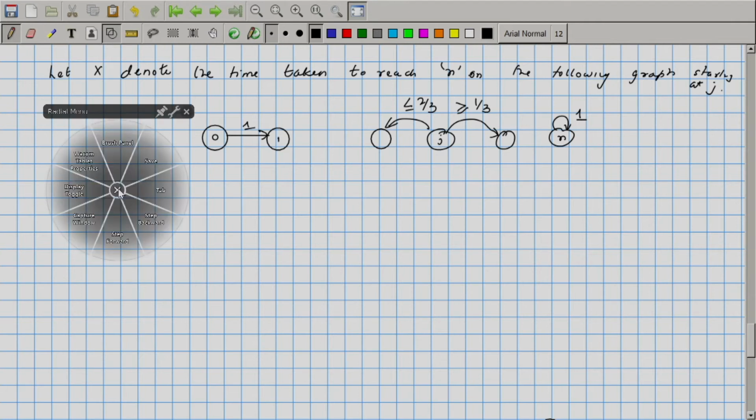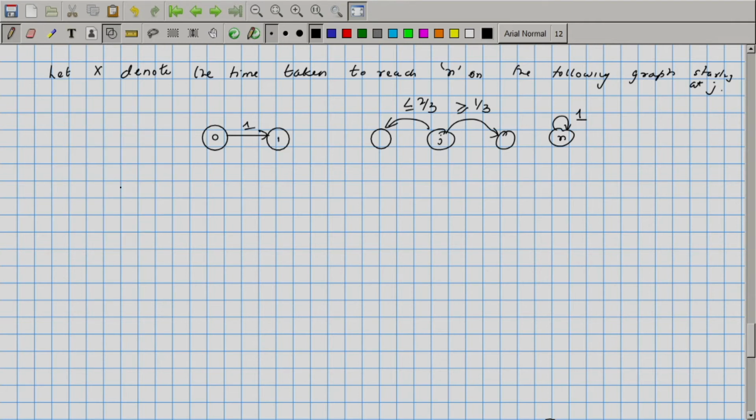So, we can say that x n is equal to 0, and x j is going to depend on the step taken: with probability greater than 1/3, this is going to be equal to 1 plus x j plus 1.